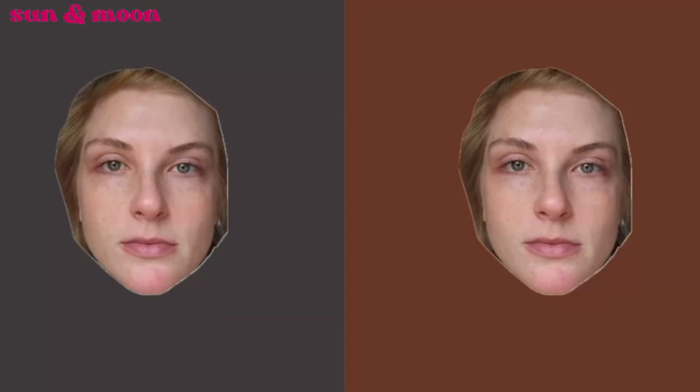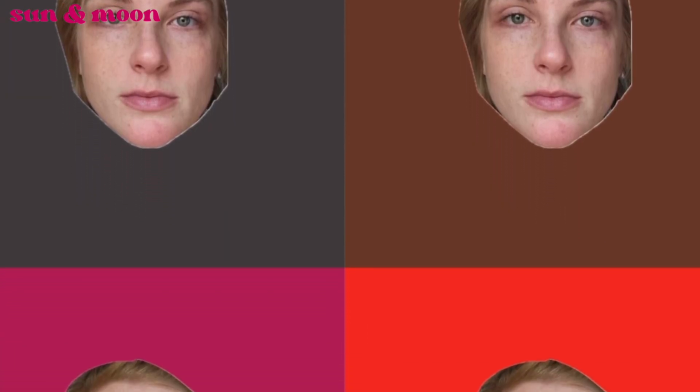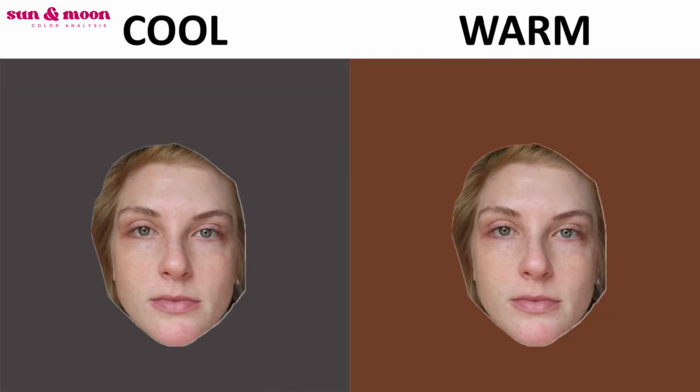I'm seeing that the cool versions are making her go a little bit gray. And it's easier to see her in the warm. Yeah, so where does she look healthier to you? Okay. This one's a big one too.